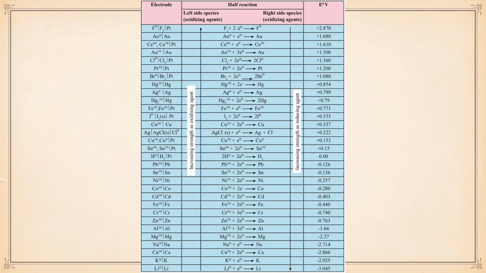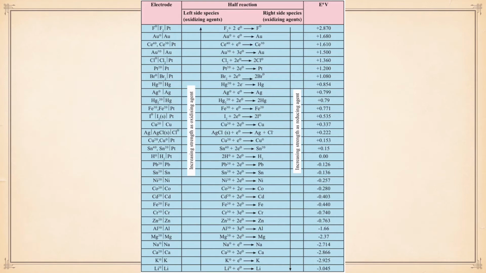Now you can see one arrow going upwards and one other arrow going downwards. First it is written as increasing strength of oxidizing agent, and the other, downwards, it is written as increasing strength of reducing agent. So by this table I can say the strongest oxidizing agent will be F2. The strongest oxidizing agent will be what? Fluorine over here.